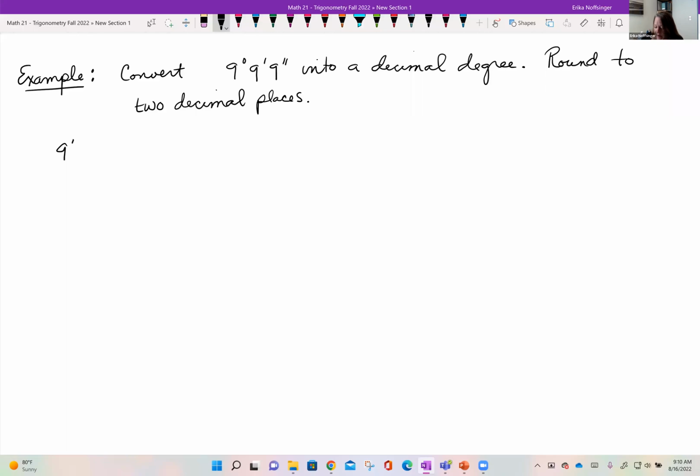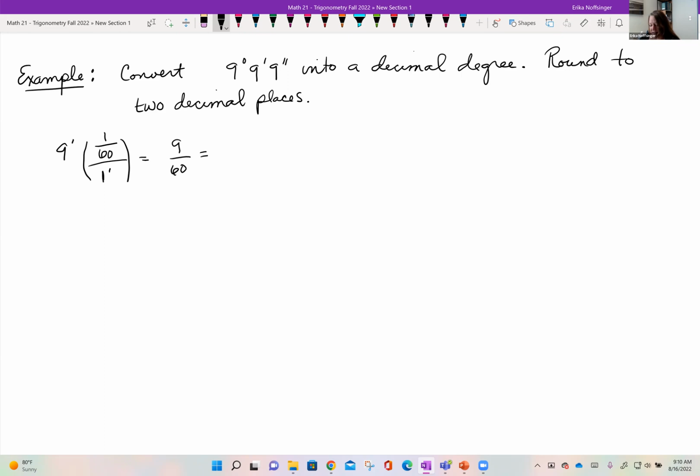So again, we know that 1 over 60 degrees divided by 1 minute is 1. And so the minutes cancel, and we get that this is 9 over 60.